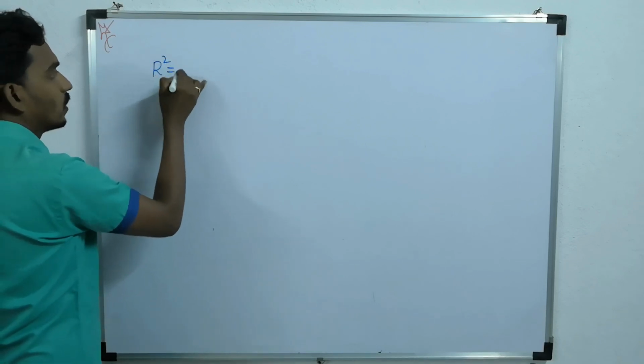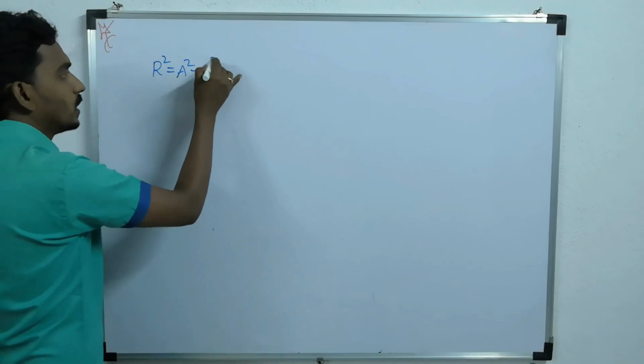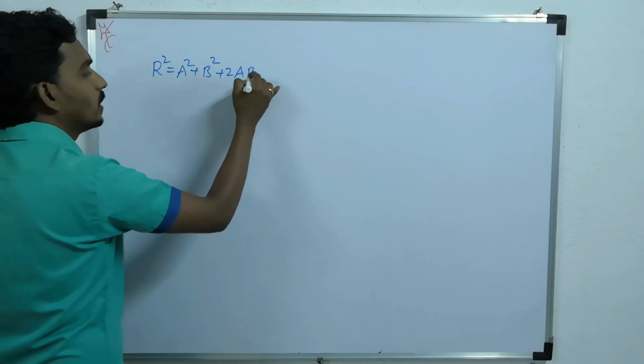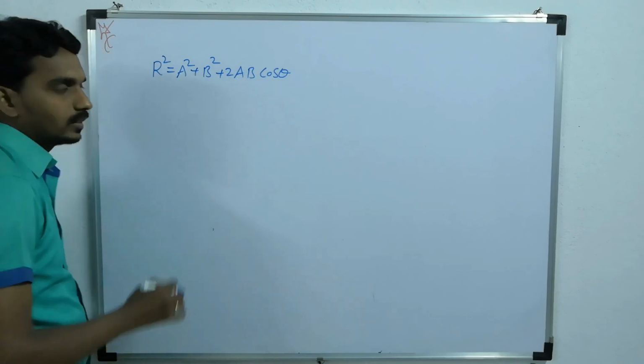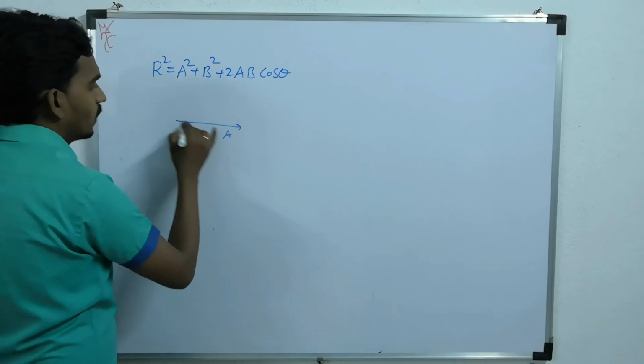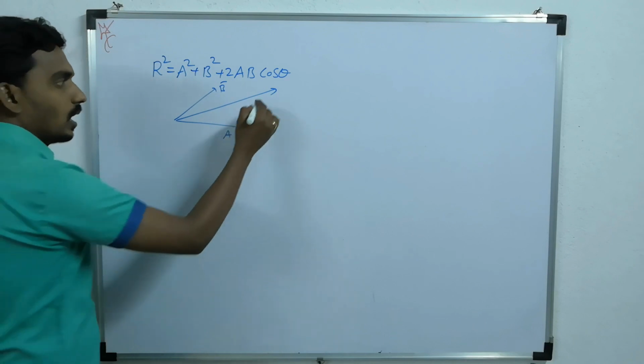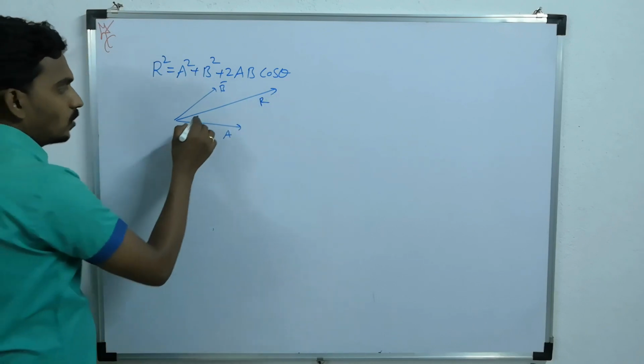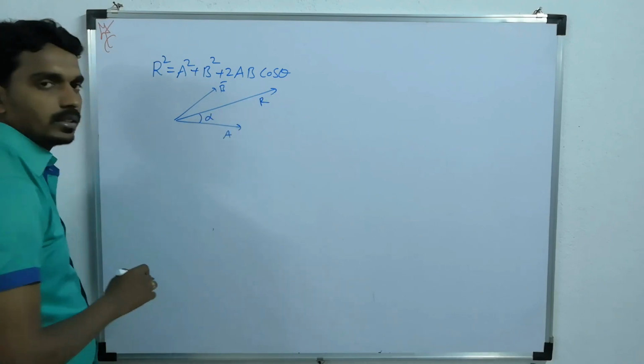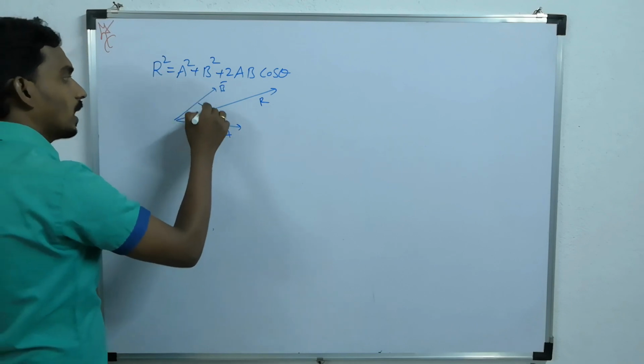R square equal to a square plus b square plus 2ab cos theta. Like a and b, and this is resultant R. Now the resultant makes some angle with a and some angle with b.